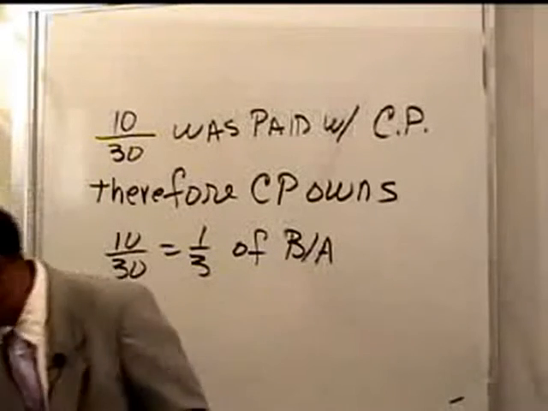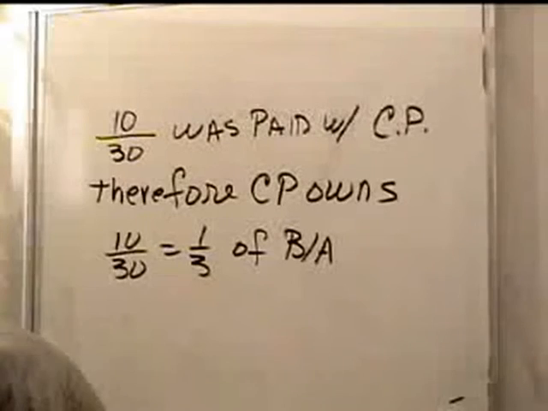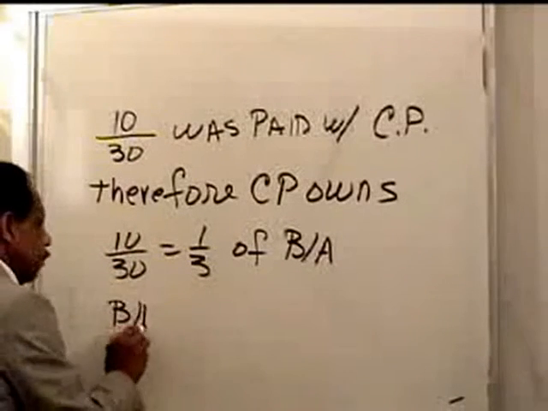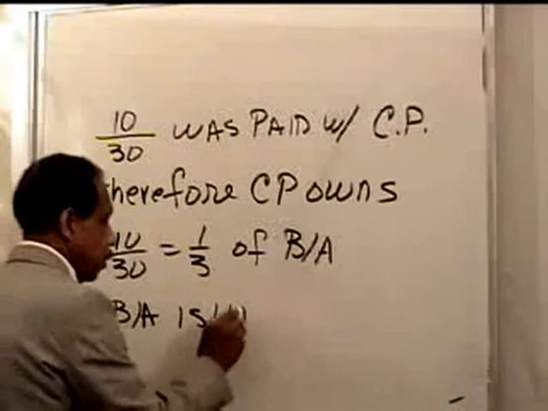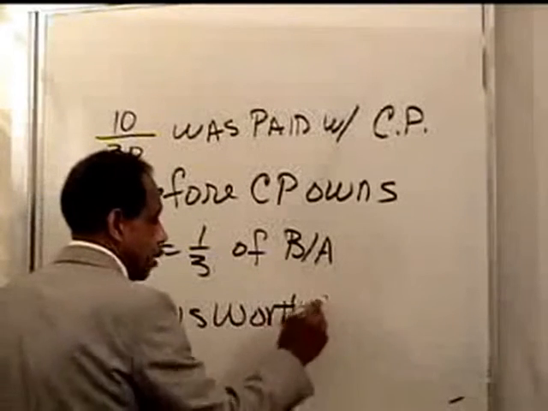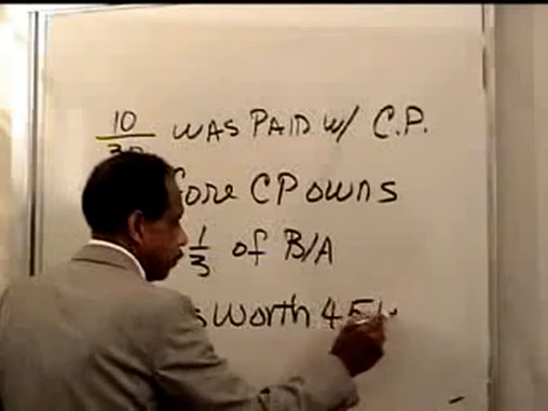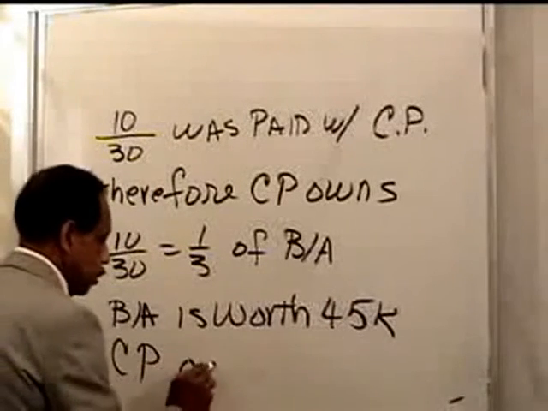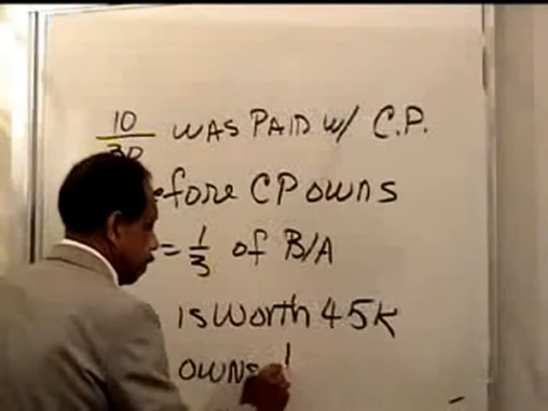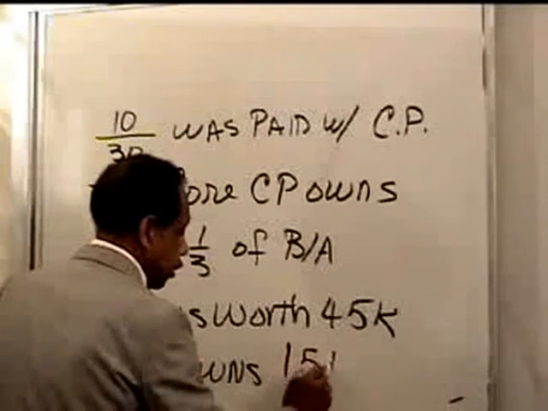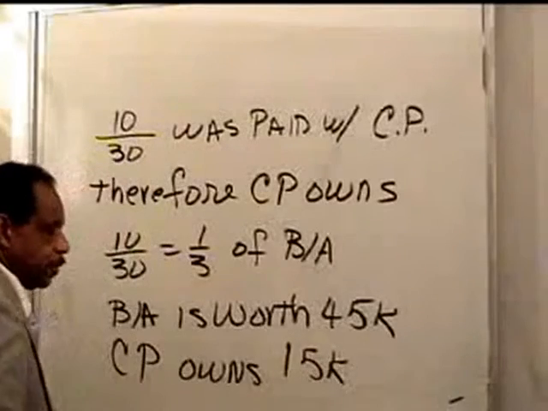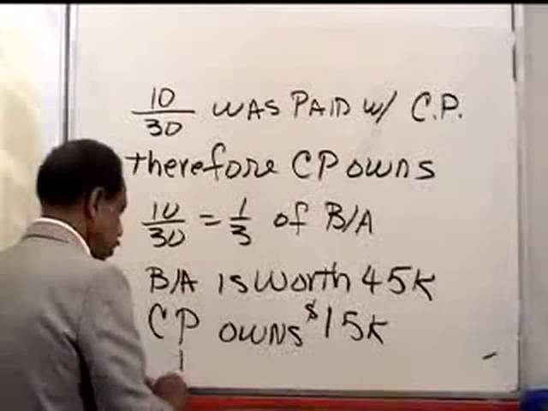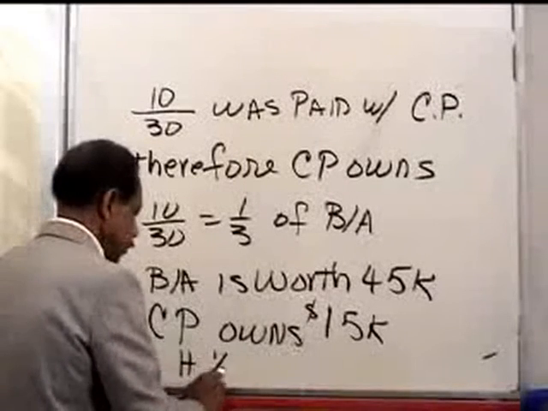And they told us in this case that it's now worth $45,000. Okay, so Blackacre is worth $45K. CP owns $15K because 1/3 of 45 is 15. And don't forget to divide this in half. H gets 1/2 and W gets 1/2.